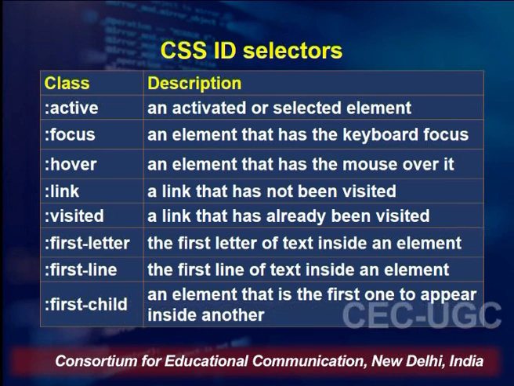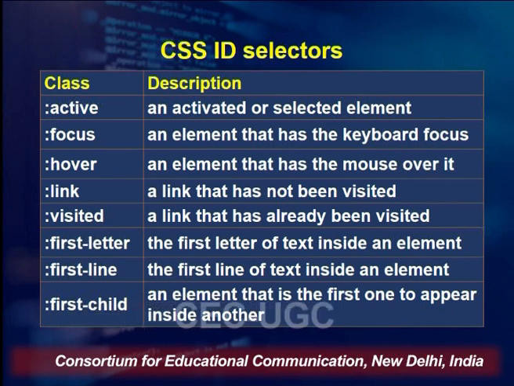In CSS we can have different kinds of selectors, like for example you have active, okay, you have focus, that is when an element has the keyboard focus. These are basically events for which you are defining the selector. Hover means when the mouse is over an element. Link means a link that has not been visited. Visited link means a link which has been visited.